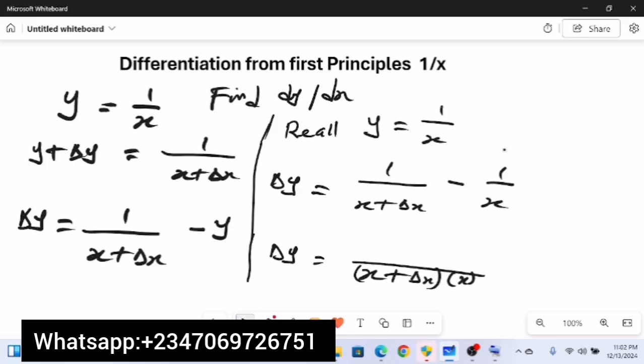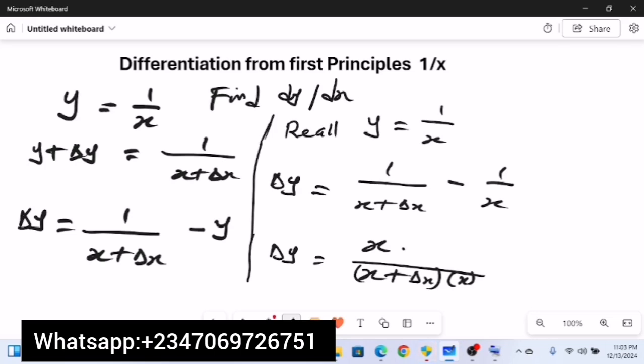So let's divide through by the LCM. Using this LCM, x plus change in x times x, divide by x plus change in x. You observe that x plus change in x cancels x plus change in x. I am left with simply what? x. x times 1 simply gives me x at this numerator.